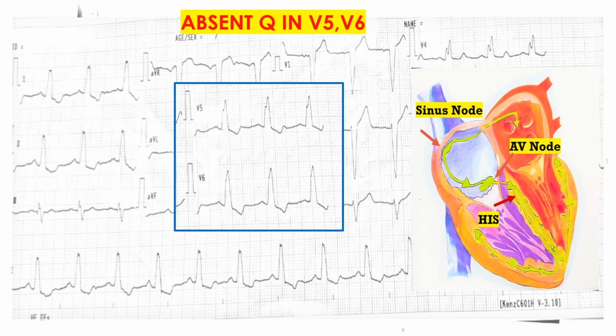Whenever this is the last area to be activated, the leads representing it will always show positivity. There has to be no negativity here, so we cannot see any Q waves in V5 and V6, because this area is getting delayed activation.